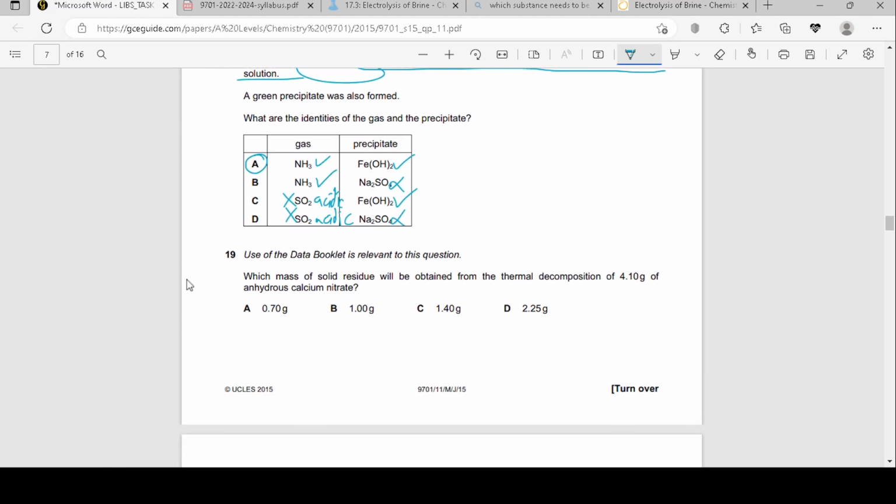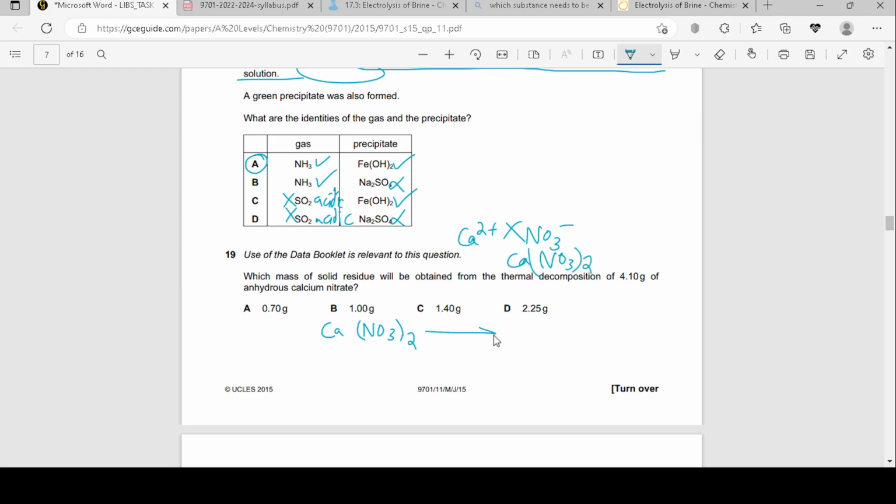Okay, next question. Which mass of solid residue will be obtained from the thermal decomposition of 4.10 grams of anhydrous calcium nitrate? So let's write down the equation. Ca(NO3)2, that's calcium nitrate because Ca2+ and NO3- gives you Ca(NO3)2.